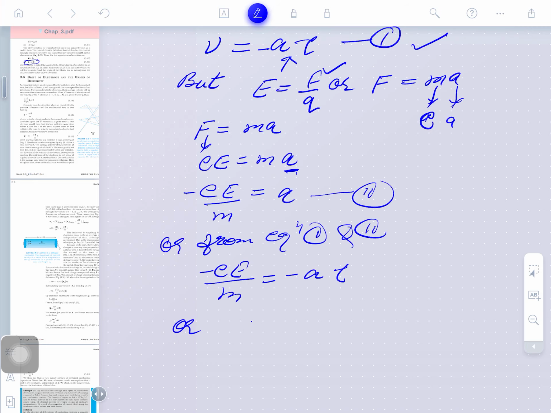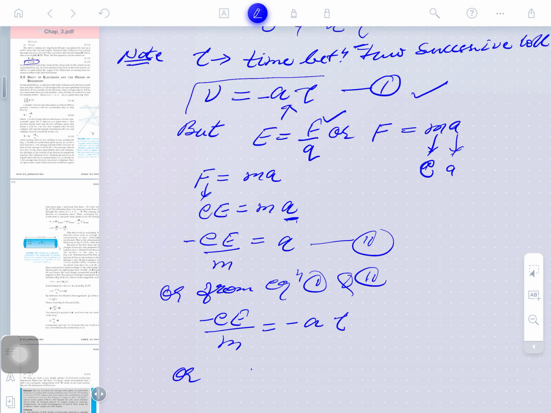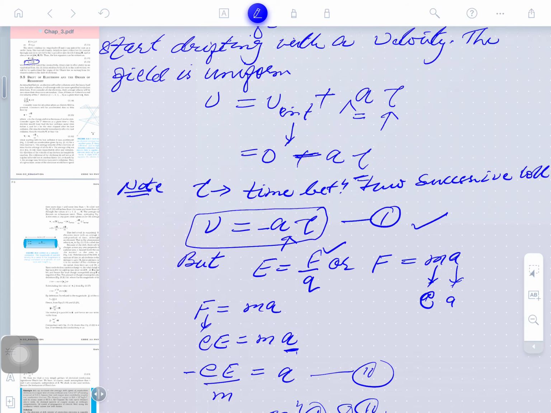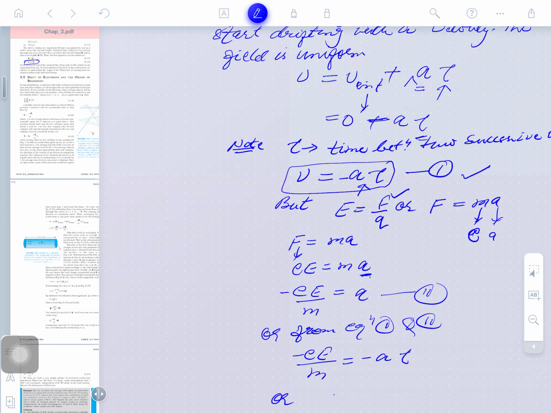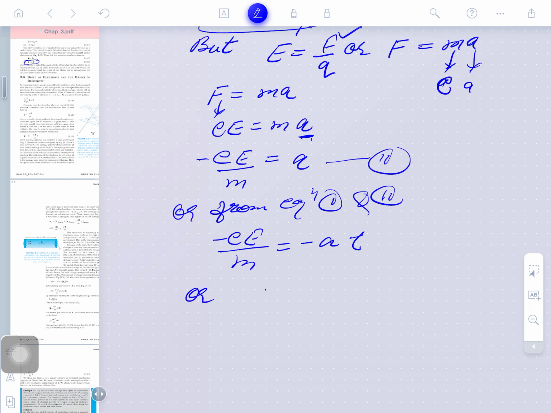So the acceleration, or the electric field, can be given, but the drift velocity is before you. We have to give the expression for drift velocity. The title is drift, so give the expression for drift velocity. In place of A, what can you put?